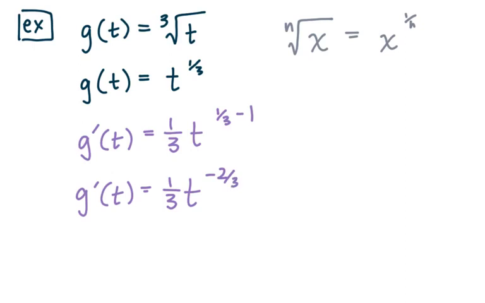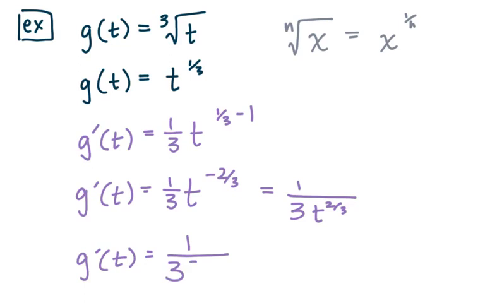This is fine as the answer, but if we want to make it look as though we started, we could say, well, that's 1/3 t to the 2/3, or rather g prime of t is 1/3 cube root of t squared.